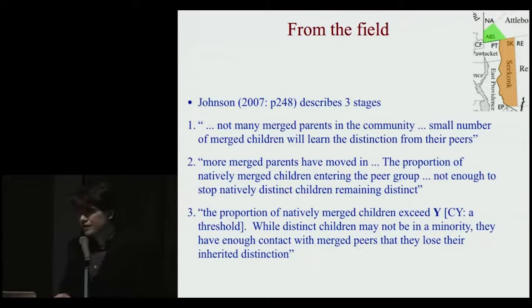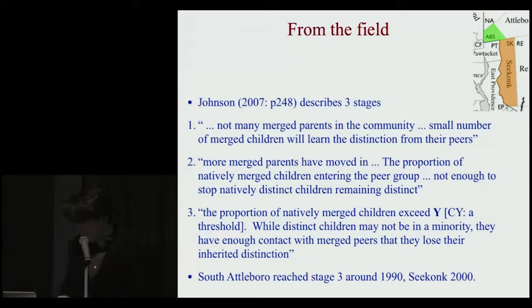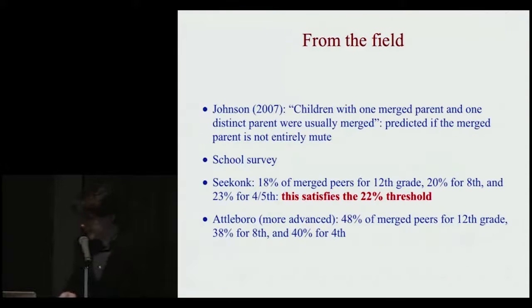So it's 22%. So let's see if this is right. The towns that he's looking at, some of them reached the threshold, reached stage 3, namely everybody became merged. Some of them by 1990, some of them by 2000. For 2000, he actually got the demographic data, as I show here.